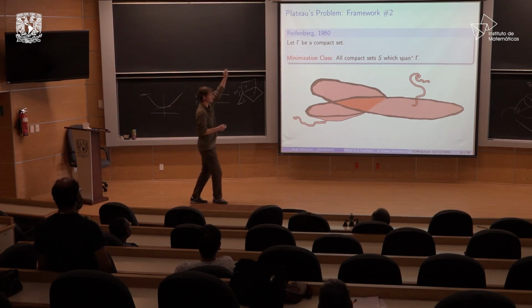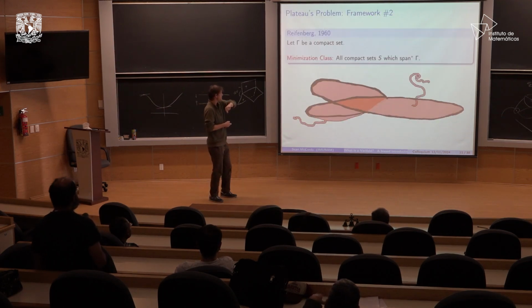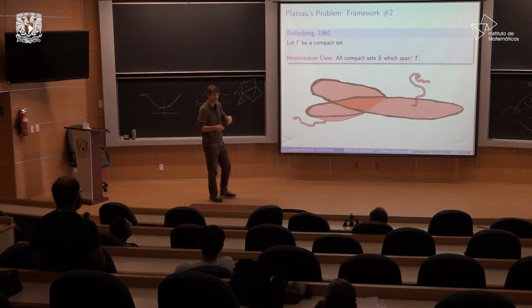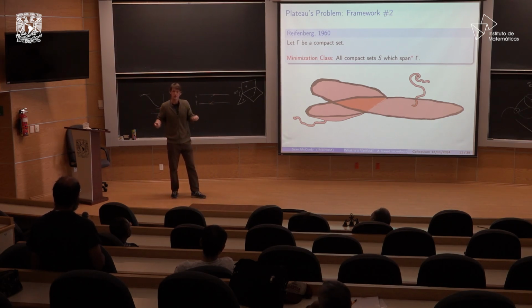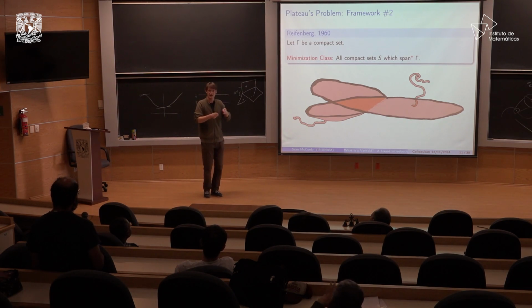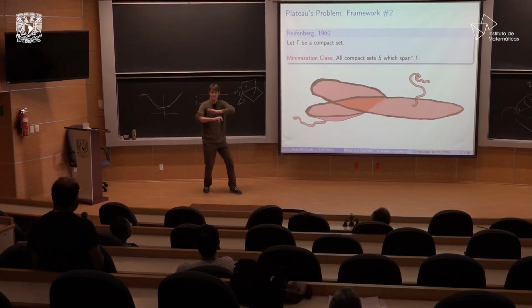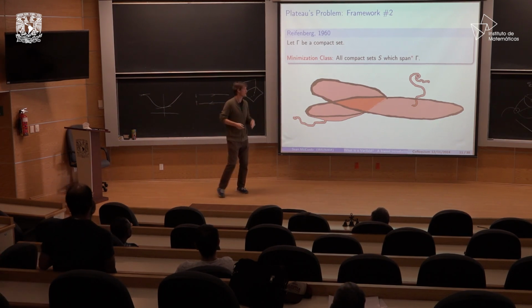But one of the things that Reifenberg does, particularly to get around this problem of little tendrils becoming dense, is he has to use a version of what's now usually called the selection principle, where he takes his minimizing sequence and says, okay, if things start to get bad and start becoming dense, then I'm going to modify it to make it better, but still a minimizing sequence, so that he can obtain a result.